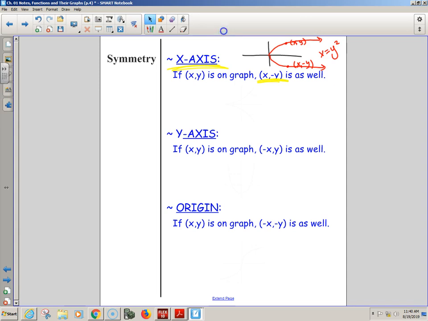Once we talk about function notation f of x, it's going to look different, not as in the graph, but as in the algebra and how to test. But for right now, to test for symmetry: plugging in and simplifying the test point.